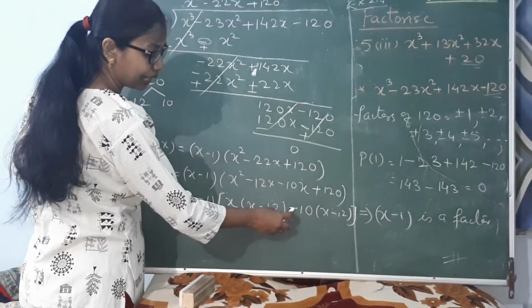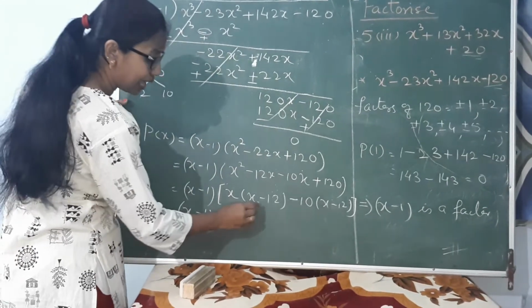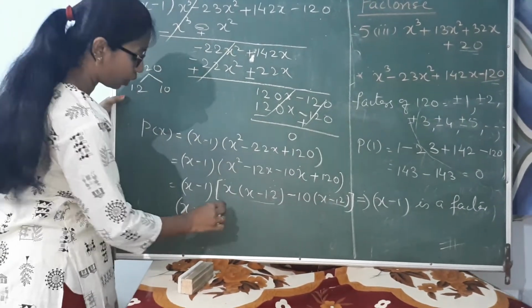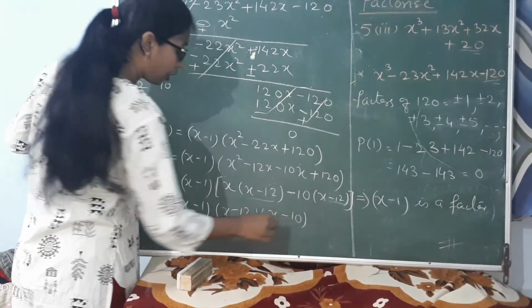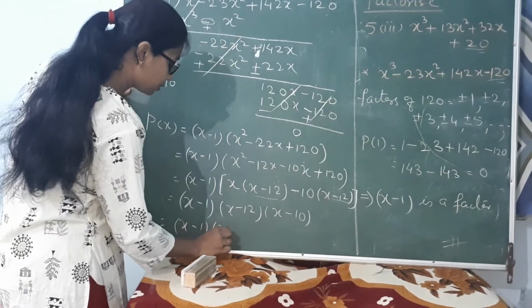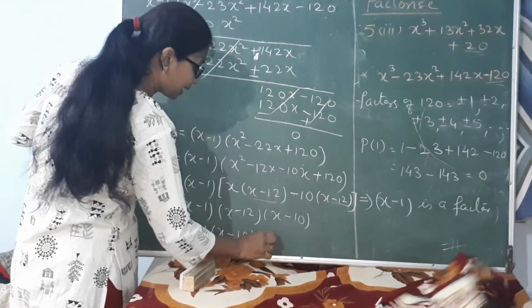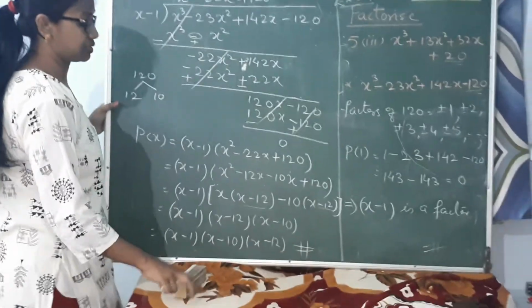The negative and positive will be negative. x minus 1, x minus 12, x minus 12 again common. So now you can rearrange it. x minus 1, x minus 10, x minus 12 are the concerned factors.